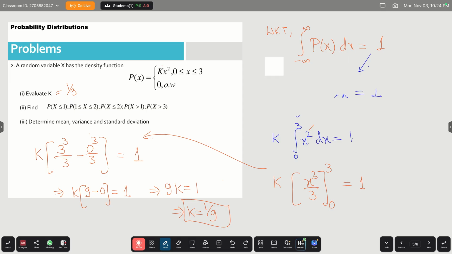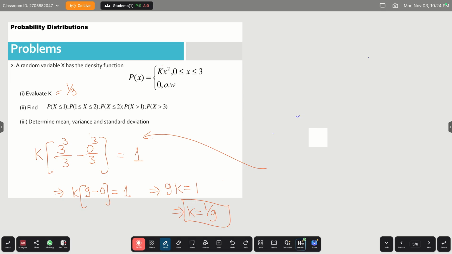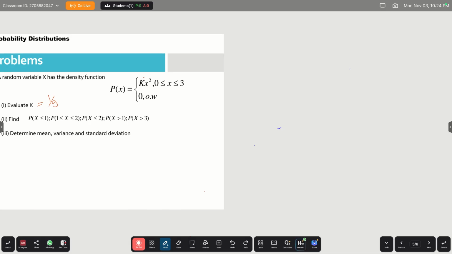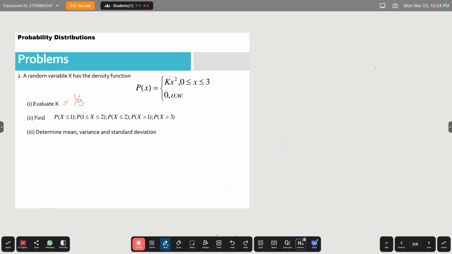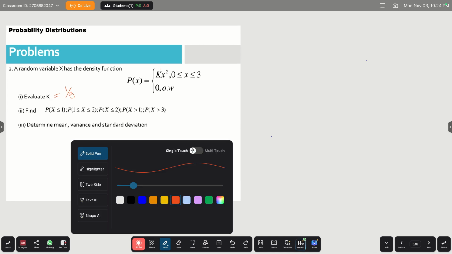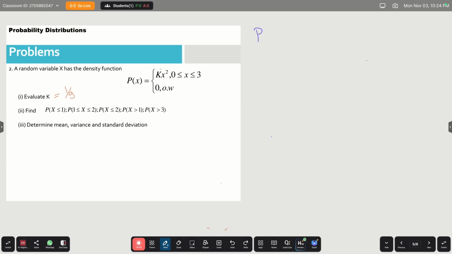Let me explain one by one. So the first probability is to find P of x less than or equal to 1.